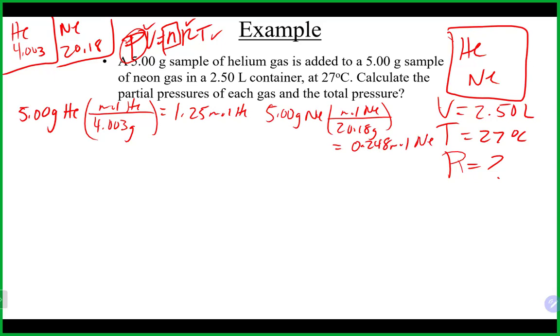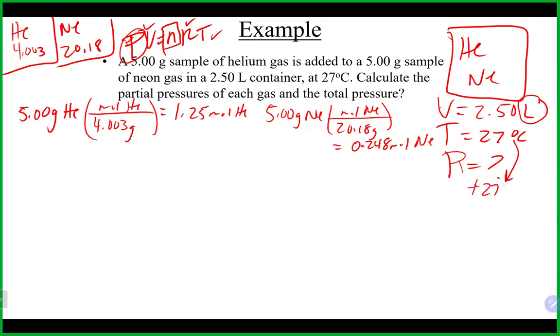So we now have basically the moles, the volume, the temperature. We could use the ideal gas law here again separately for each gas individually. Because of the ideal situation, we could kind of pretend like they're in there by themselves. We just want to watch units, our volume is in liters, which is good. Like most gas problems, we do need to do that conversion of temperature.